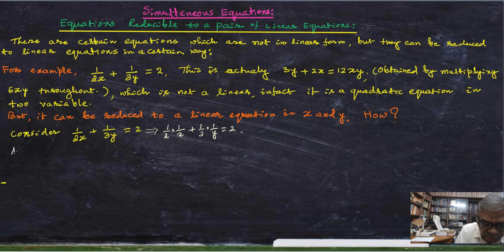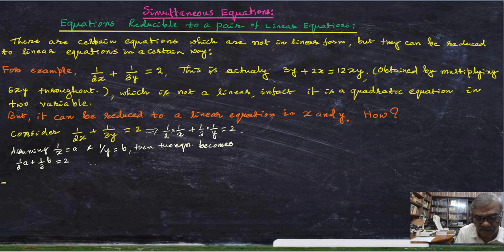By assuming 1 by x equal to a and 1 by y equal to b, the equation becomes 1 by 2 into a plus 1 by 3 into b equal to 2.